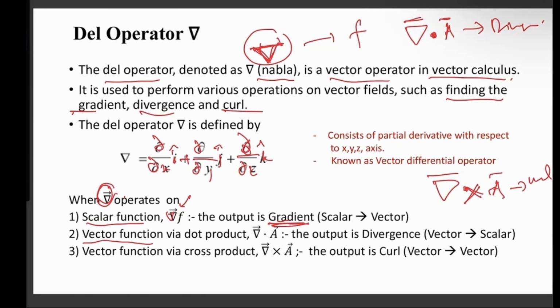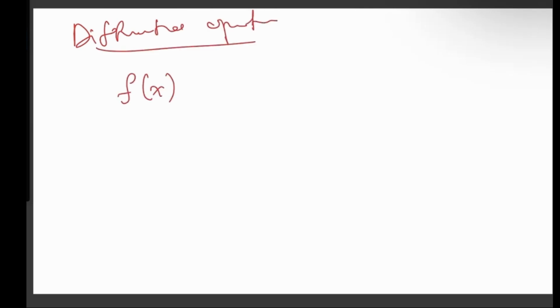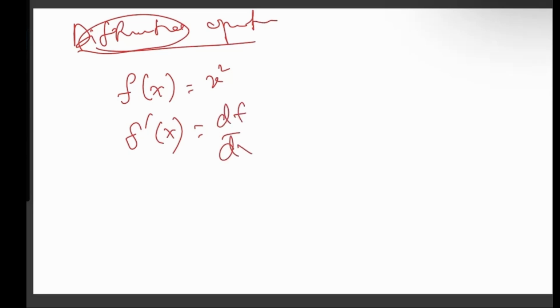Okay, what is del? Before we go to del, just a review on the differential operator. We know that, let's say f of x equals x squared. The differential operator means that f prime of x equals df over dx equals 2x.